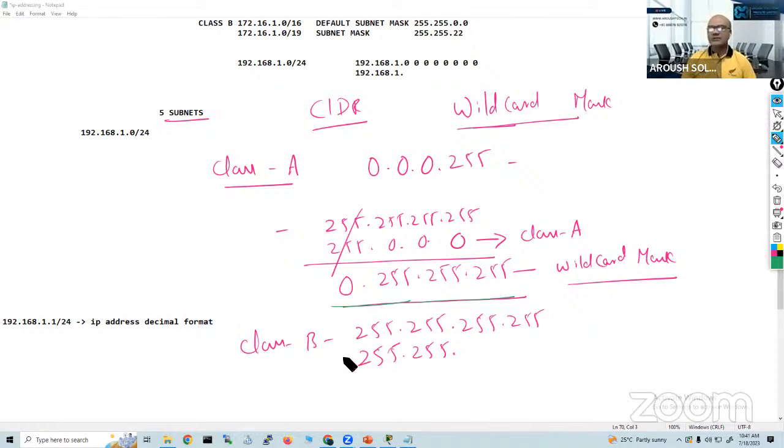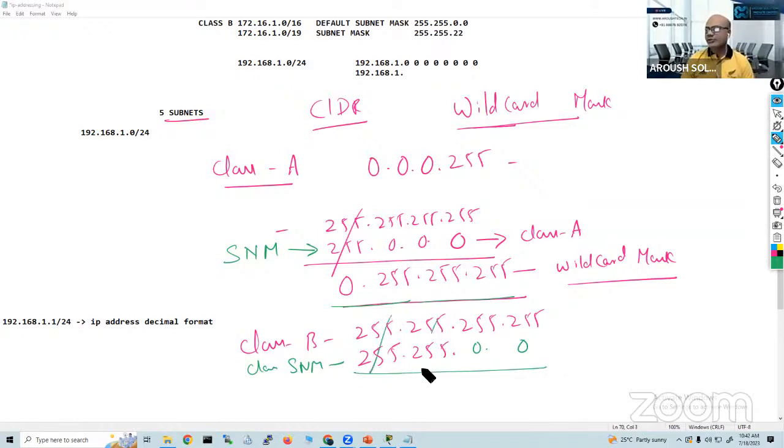Now class B. What is that class B? This is class A subnet mask, right? Okay, this is my class B subnet mask, 255.255.0.0.